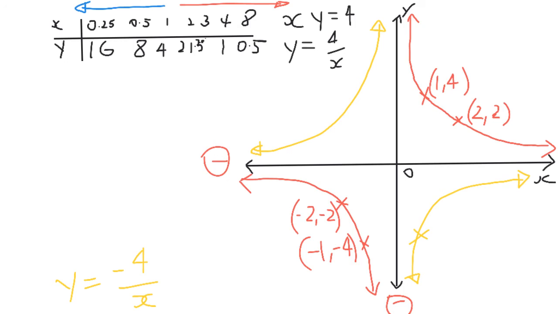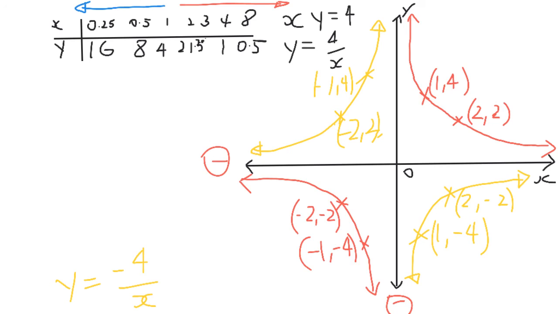They're reflected. This would be 1, -4. And I'd have 2, -2. And then up here I would have -1, 4 and -2, 2.